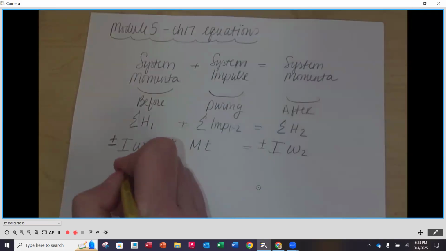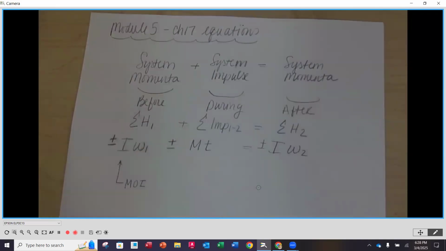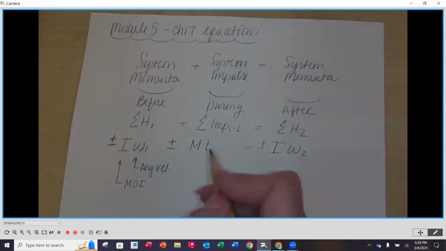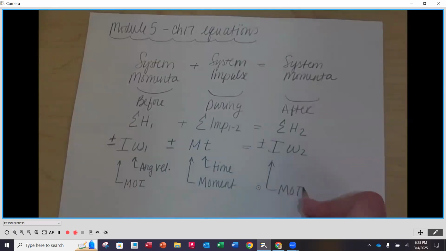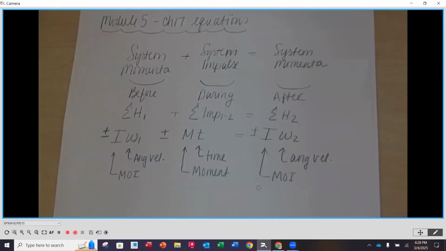So I put this down here: moment of inertia, and this is angular velocities. This one's moment, and this is time. And then again, moment of inertia, and this is angular velocity, just so that you know what everything equals.